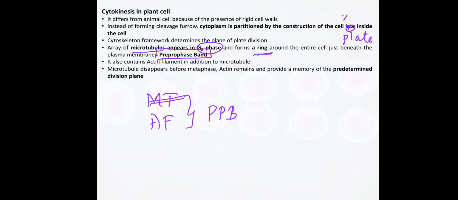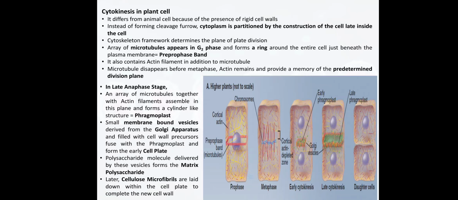Microtubules disappear before metaphase, and actin remains and provides the memory for the predetermined plane. In late anaphase stage, an array of microtubule together with actin filaments assemble in this plane and form a cylinder-like structure called phragmoplast.